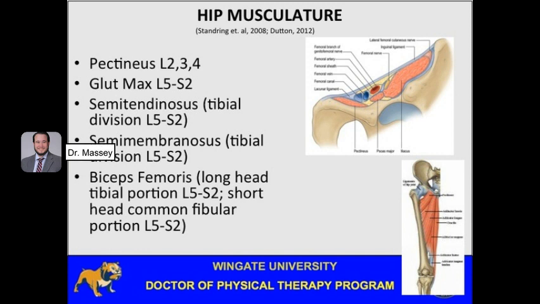So here we can see the pectineus well. This is as it sits deep to that inguinal ligament there, and this is going to be an adductor and flexor of the hip. We can see it in this picture as well, right here. Also our hamstrings we want to talk about a little bit.